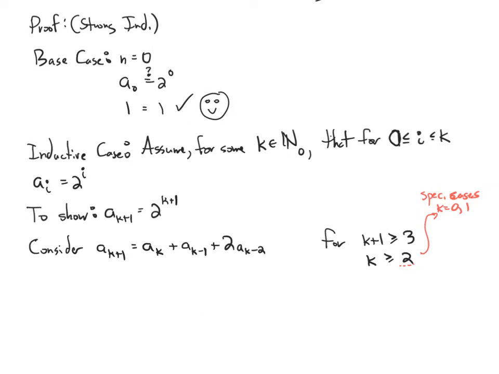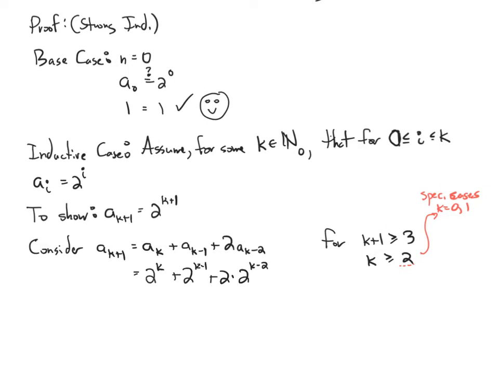Let's do the general cases, where k plus 1 is greater than or equal to 3, first. So let's use our inductive hypothesis. Remember, we're assuming that this formula holds for everything k and smaller, for all indices k and smaller. Here are indices k and smaller, k, k minus 1, k minus 2, so we can use our inductive hypothesis. So this equals 2 to the k plus 2 to the k minus 1 plus 2 times 2 to the k minus 2.